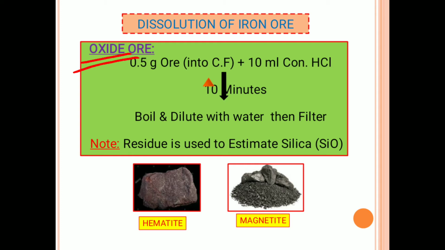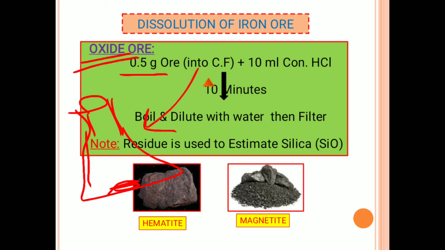Simple. Take 0.5 gram of iron ore sample into this conical flask. After that, add 10 ml concentrated HCl to this. Then automatically the sample will be dissolved in this concentrated HCl.